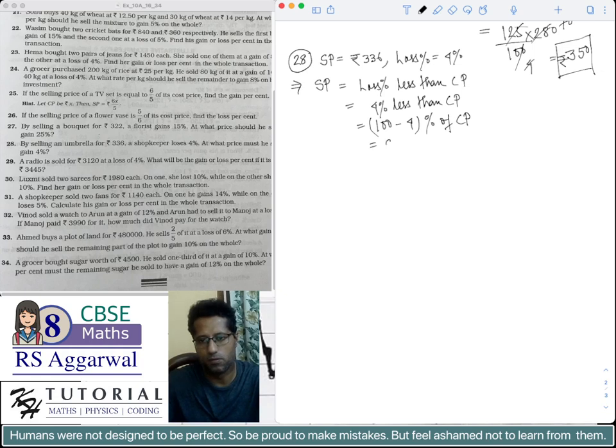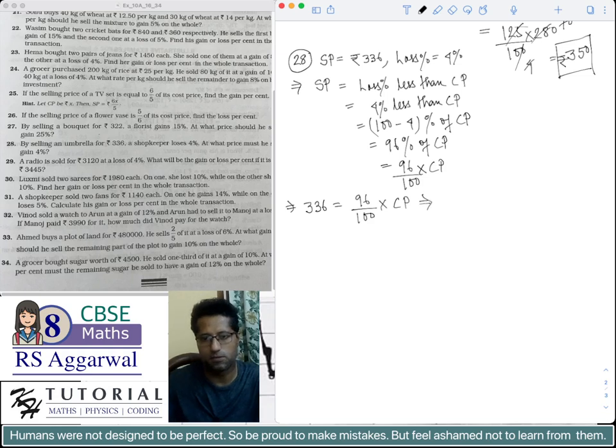This is equal to 96% of CP, and this is equal to 96 by 100 multiplied by CP. So this implies that SP is given to be 336. So we have 336 is equal to 96 by 100 multiplied by CP.